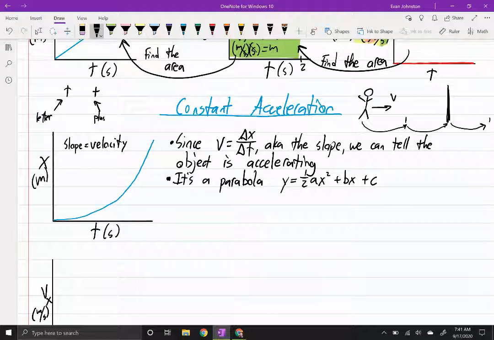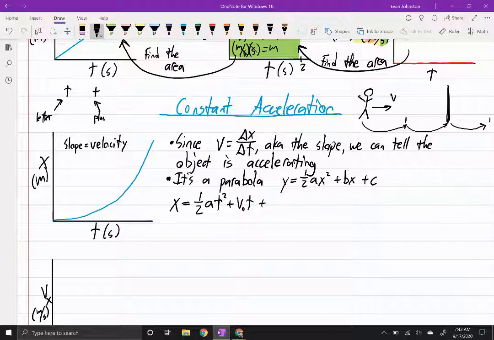So I'm going to rewrite this in a physics version. I'm going to say that x, because that's the thing on the y-axis, equals 1/2 the acceleration. That a is an appropriate symbol there just by chance. But now our x is really time, so we have time squared, plus the initial velocity times, again, our x thing here is time, plus some constant.